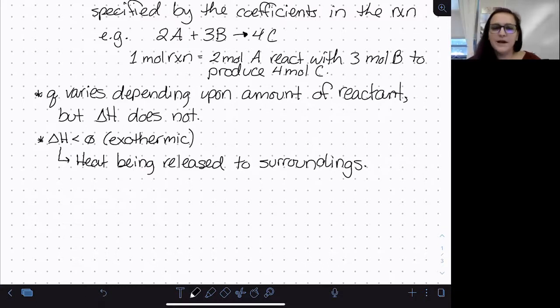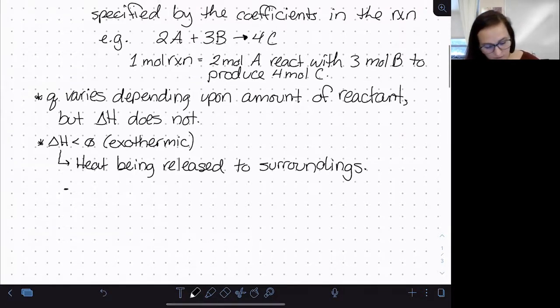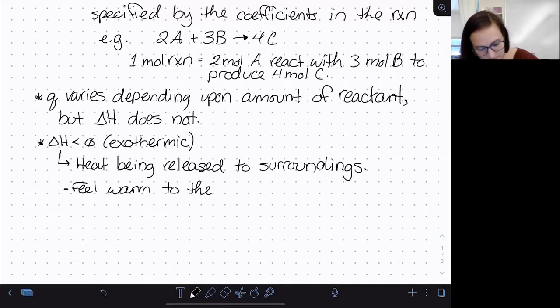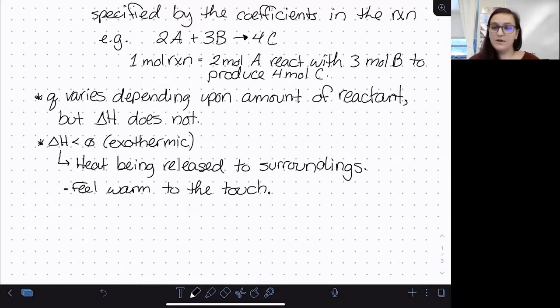So when a chemical reaction occurs that is exothermic, heat is being given off, heat is being released to the surroundings, so these generally feel warm to the touch. So if you mix some chemicals together in a beaker and you feel that beaker and it becomes warm, if your reactants were room temperature and the beaker becomes warmer, that tells you that the reaction is releasing energy to the surroundings.